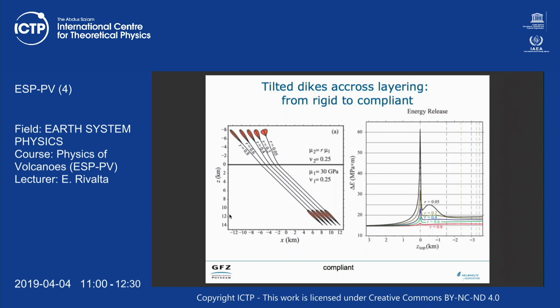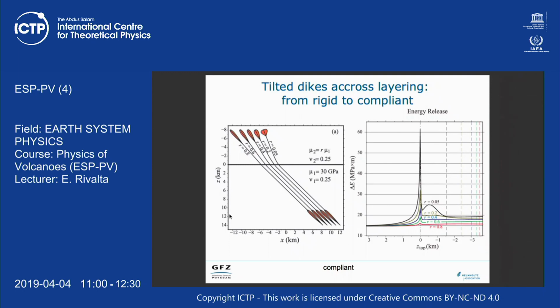And then you can see something that looks like optical refraction, where you have a direction, and then they go more vertical if you have a less rigid medium at the top. And here is the energy of propagation, and one can see that the energy stays more or less the same during propagation, because what you gain, you lose if you are in a homogeneous medium.